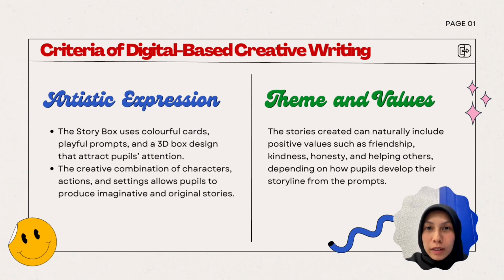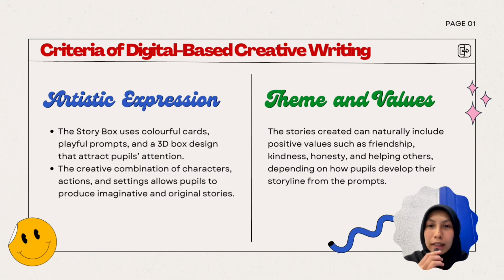Next, we move on to meeting the criteria of creative writing. The first criterion is artistic expression. When pupils first see the storybox, they are already curious because of the colorful cards and the unique box designs. It does not look like a normal worksheet, so it immediately attracts their attention.